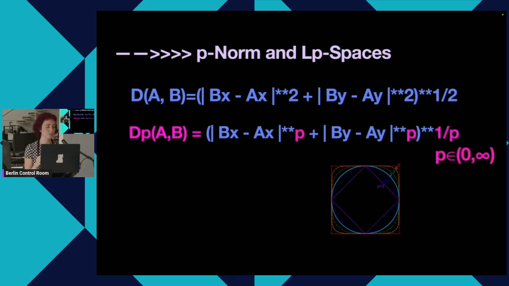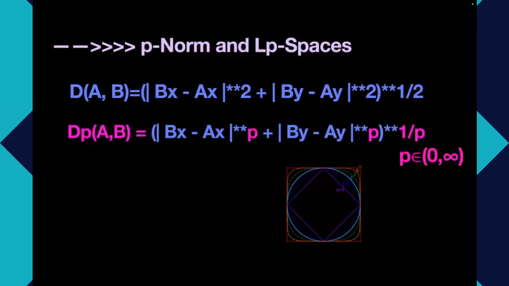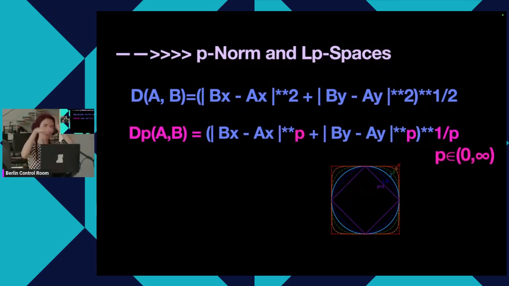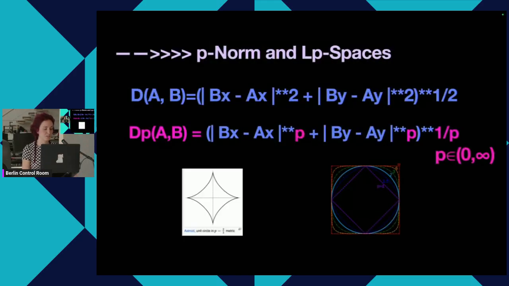I don't know if you see them, but the unit circles change according to the p-value. So the circle at p equals 1 would be a diamond shape. The circle at infinity, or a very high value, would be similar to a square. And with this idea in mind, I thought, well, with p less than one we don't have norms, but it's still fun to play.